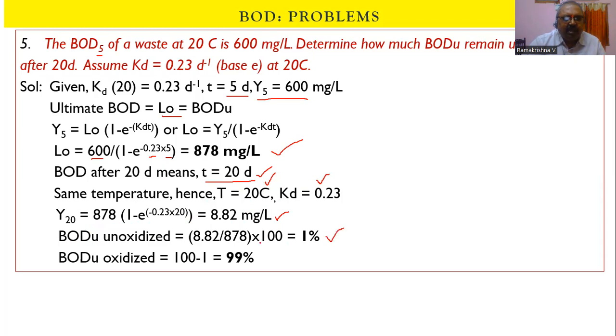How much is this value? 8.82 divided by 878. So this is a calculation we should be careful about. After 20 days, only 1% is unoxidized, and 99% is oxidized. Most of the BOD is completely oxidized after 20 days of incubation period. So this is important in the calculation part.